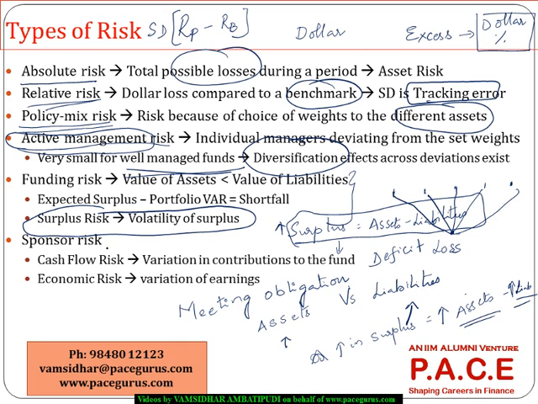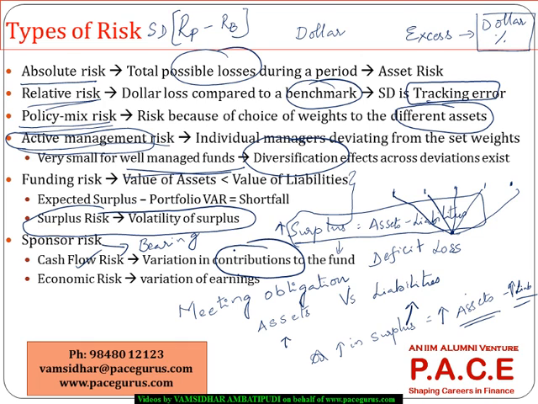So the sponsor risk is basically boiling down to the sponsor who is actually bearing the risk. So it can be associated with the cash flows, where because of the change in the contributions to the fund, let's say at this moment so many people are investing in the fund, whereas probably a year down the lane there are so many redemptions that are happening.